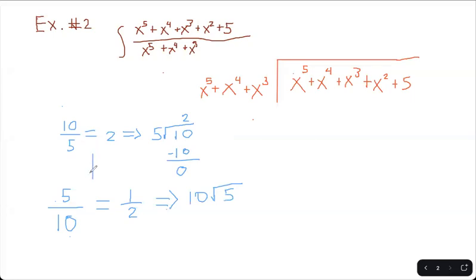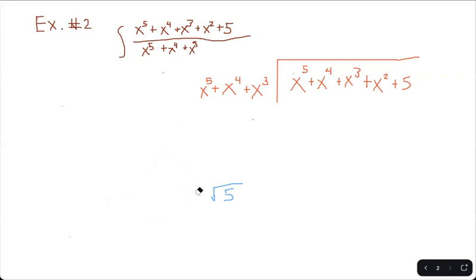So these two answers, 2 and 1/2, are vastly different. Sometimes it's easier to imagine in normal numbers. Okay, so with that in mind, let's erase this real quick because we still need the space.